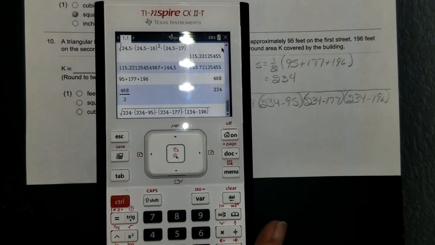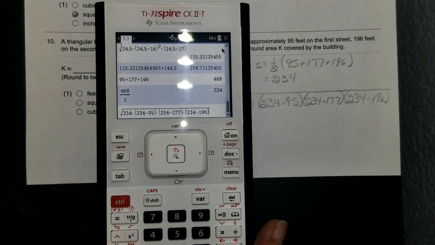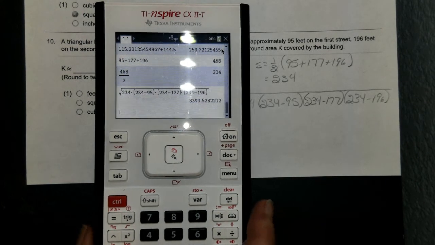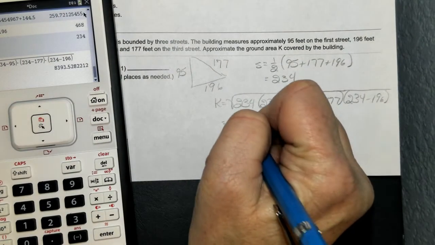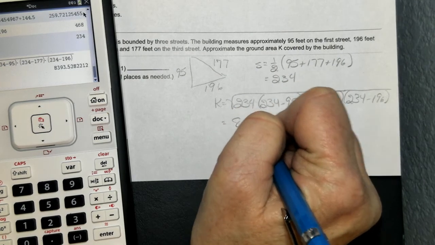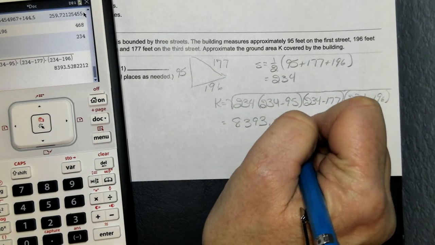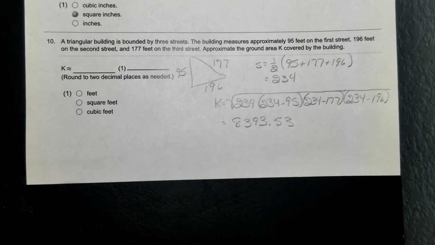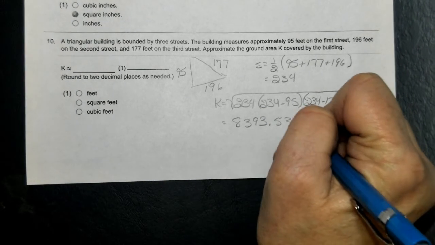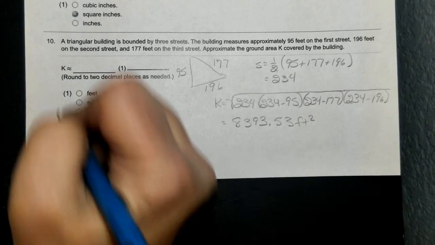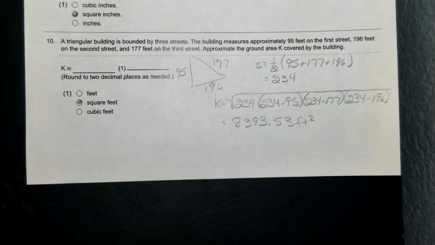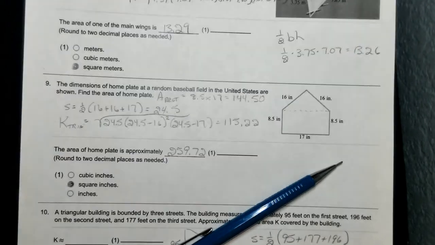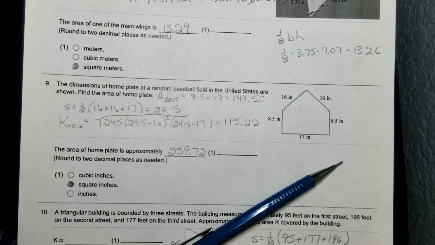Check it out. Alright, hit enter, and I've got 8,393.53. Did it say 2 decimal places? Yes. And this is in feet, so feet squared. Square feet. So there we have the area of the triangle building.